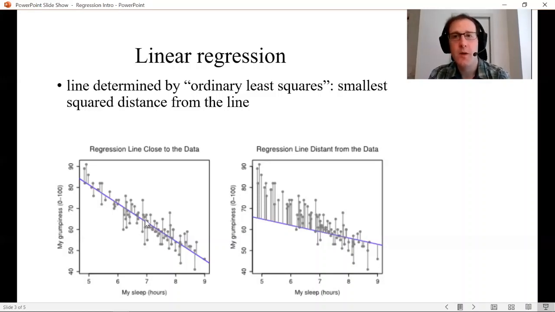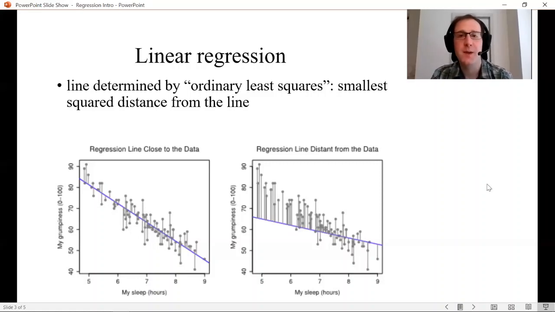Once you know those, it's a basic function of algebra to put in how much each of these data points is above or below the mean for x, and how much each of those points is above or below the mean for y. Then if you add those up and average that out, it will give you that regression line. So again, I'm not going to be testing you on that, but that's the basics of how it works.